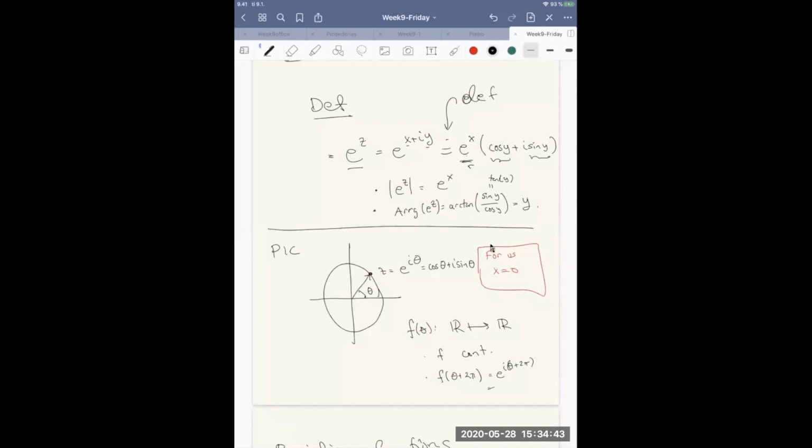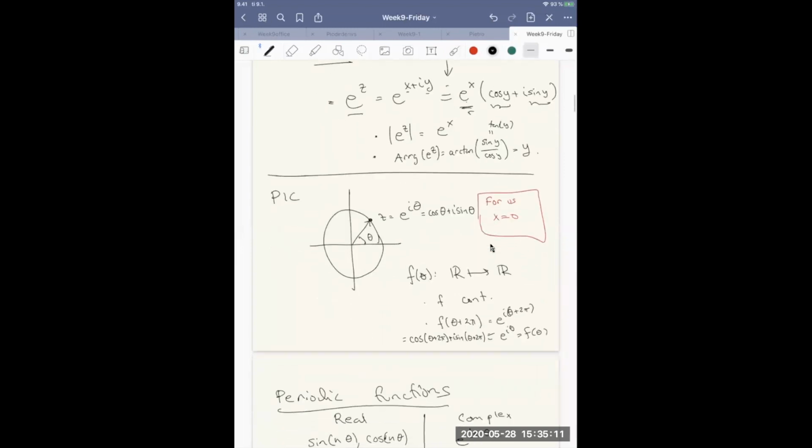Because cosine and sine are 2 pi periodic, we get that this is equal to e to the i theta, which is f of theta. The intermediate step here is plugging it into the definition: cosine of theta plus 2 pi plus i sine of theta plus 2 pi.